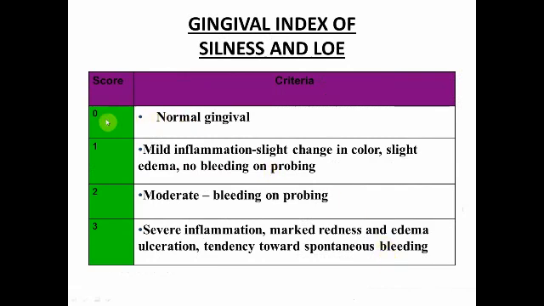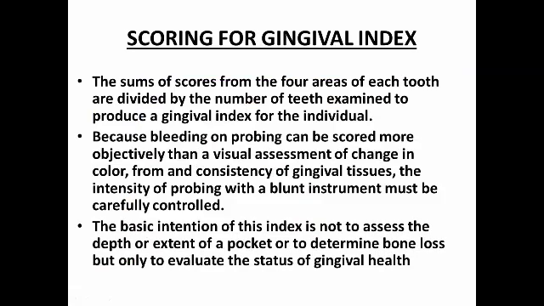These are the scores: 0, normal gingiva; 1, mild inflammation; 2, moderate inflammation with bleeding on probing; and 3, severe inflammation, marked redness and edema of the gingiva. Scoring for the gingival index: the sum of scores from the 4 areas of each tooth is divided by the number of teeth examined. We find the average.